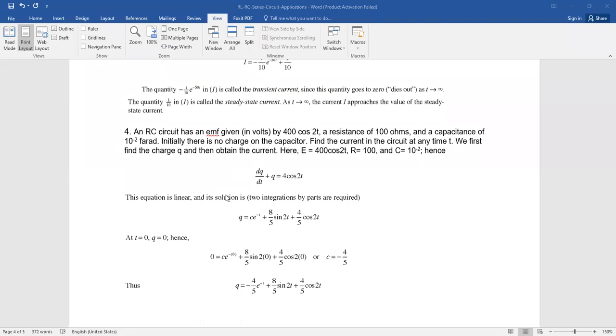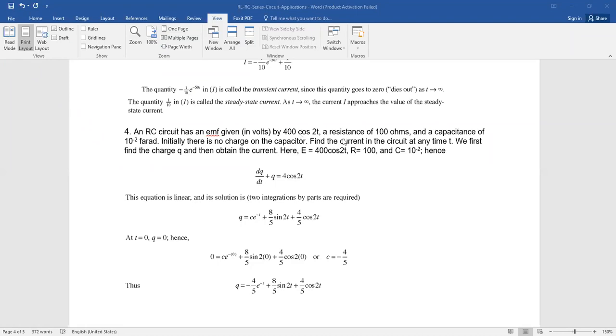This time we have an RC circuit with an EMF of 400 cosine 2t. I chose this particular sample problem because this time your source is an AC source. You have an AC circuit because your E is not constant anymore. That is a function of time.